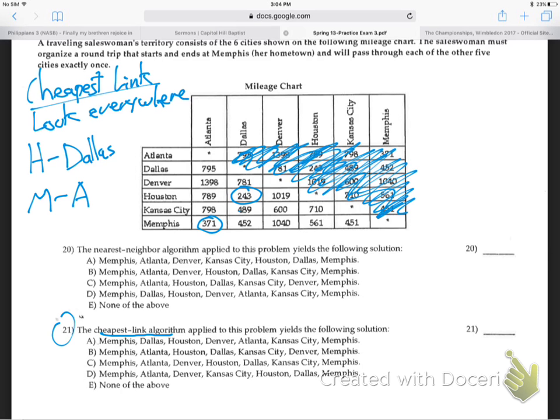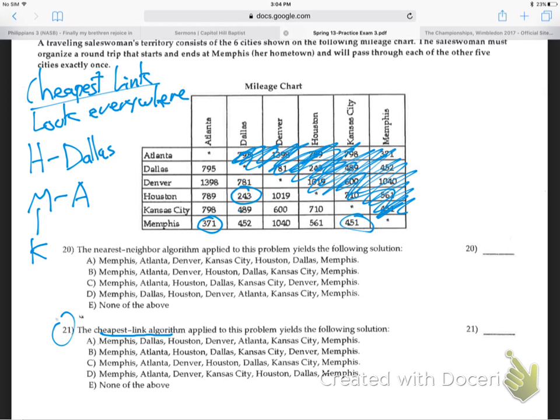Is that good? Can you find the next cheapest number up there? Which number's next? 451. That's Memphis, KC. So I'll go Memphis to K. So I just went down. You can go across, whatever. I'm just keeping track. Hey, have we violated anything yet?